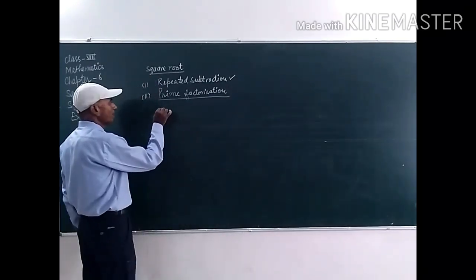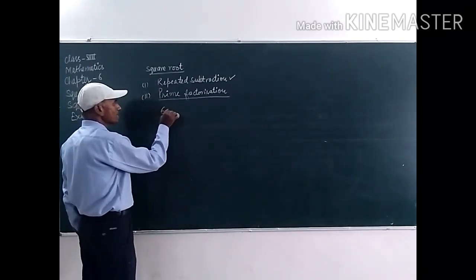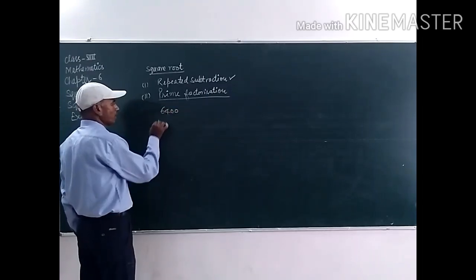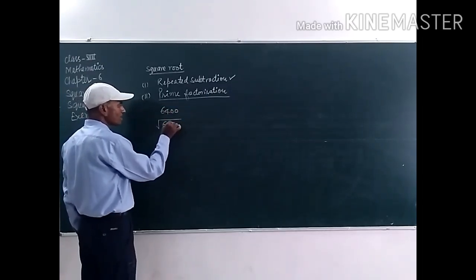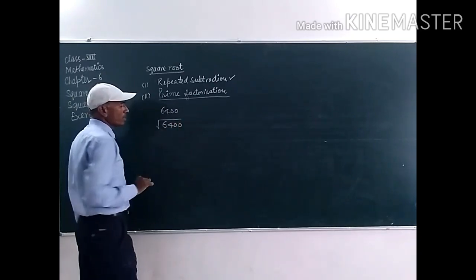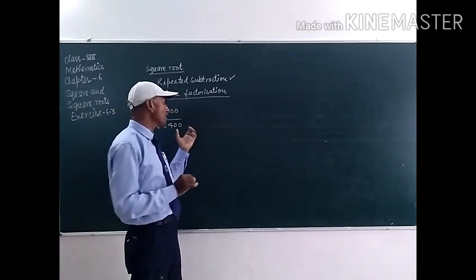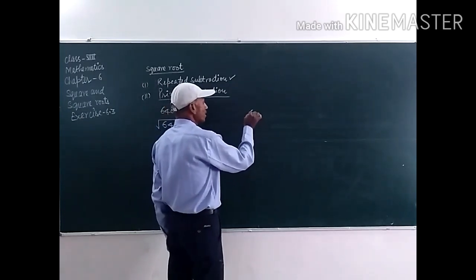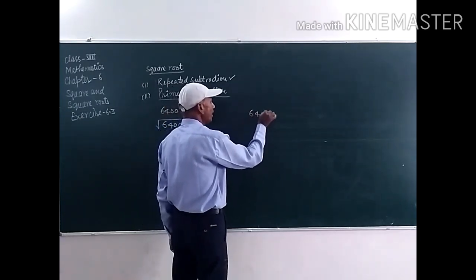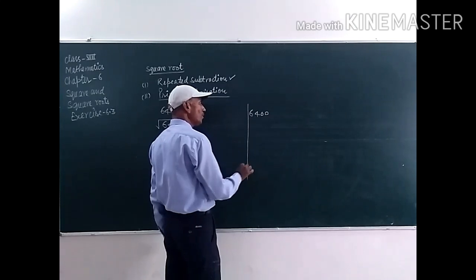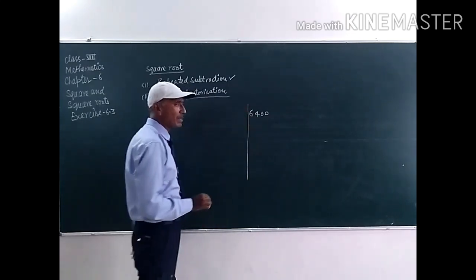Now we have to find the square root of 6400, student. So it means the square root of 6400. So we have to find the prime factors of 6400 first. So 6400, the unit digit is 0, students. So this number is divisible by 2.